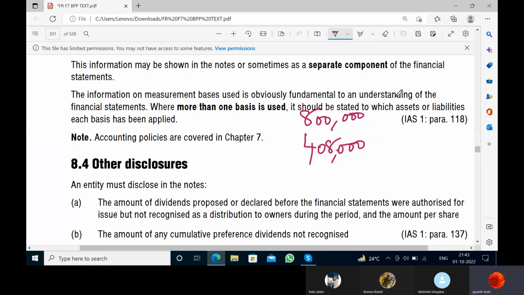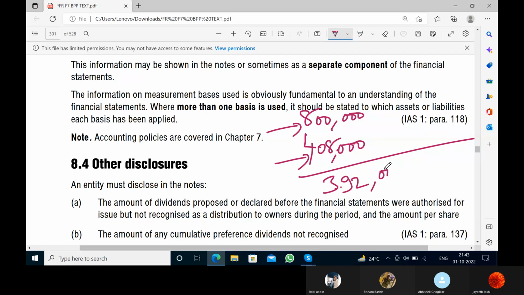So now what is the revaluation surplus or gain? See, the property is of this much value and people are ready to pay you this much, but you're not selling it. You have just revalued the property. So the revaluation surplus or gain is $392,000. So 3 zeros omitted, we will take 392 in the other comprehensive income section.